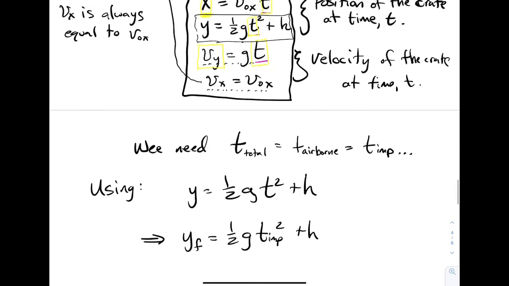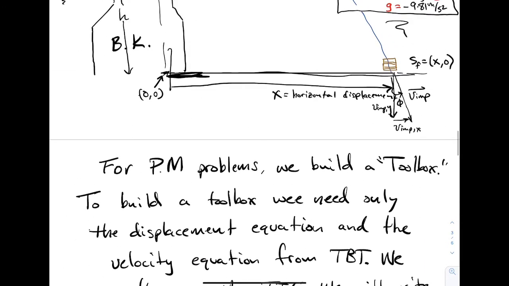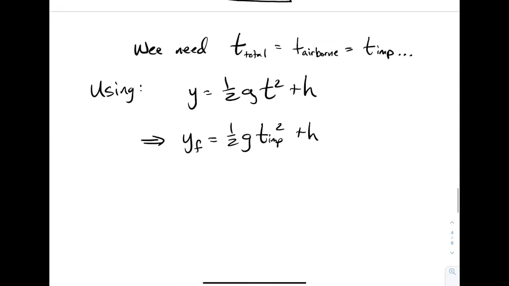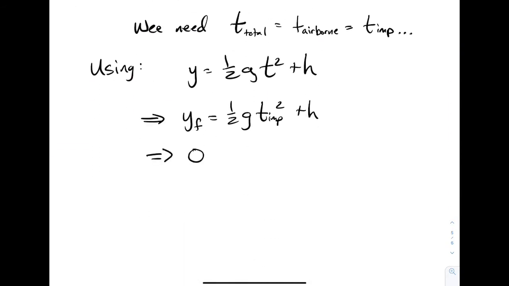But we know at t impact, the time it takes to get to the ground, the final height is 0, isn't it? So this would tell us that 0 equals 1/2 g t impact squared plus h. And now we can algebraically manipulate this to solve for t impact. So I'm going to subtract by h, multiply by 2, divide by g.